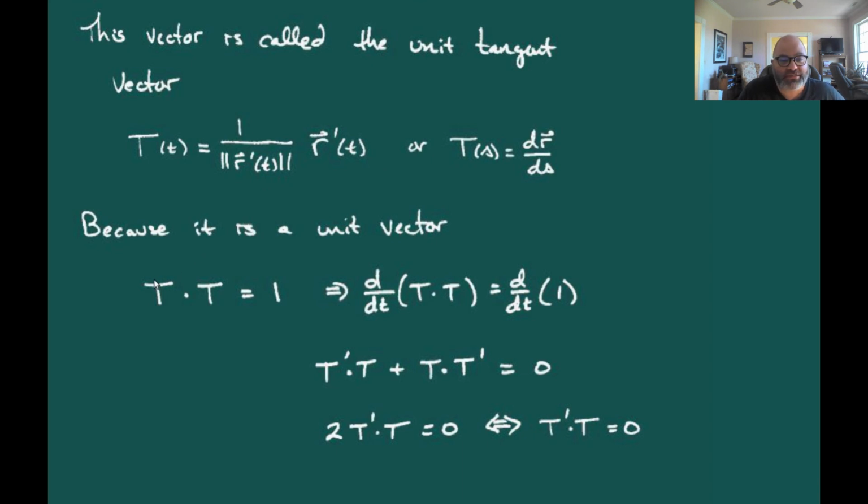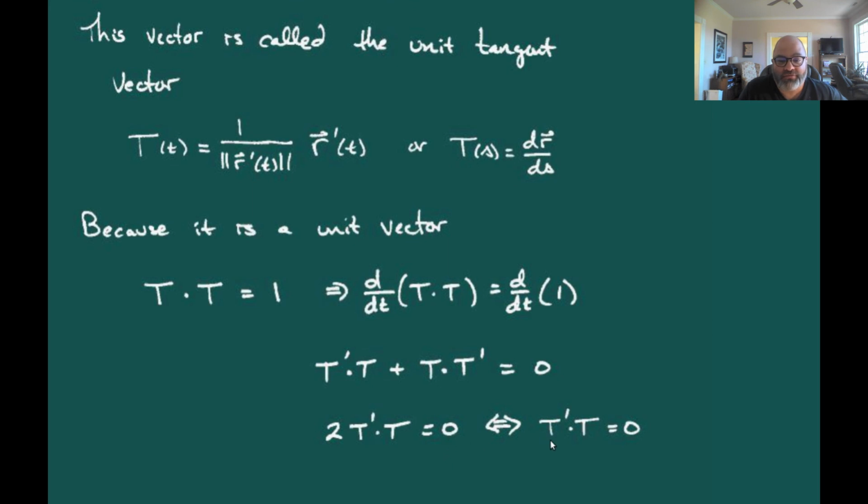Now, because it is a unit tangent vector, we have that T dot T is going to be 1. And so if we take the derivative of both sides of that, on the left-hand side we've got the product rule. So the derivative of the first dotted with the second plus the first dotted with the derivative of the second. And the right-hand side was just a constant, so the derivative ends up becoming 0.